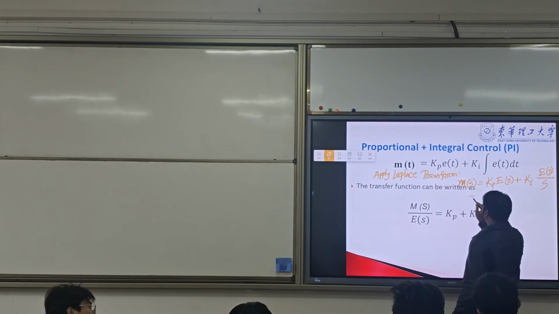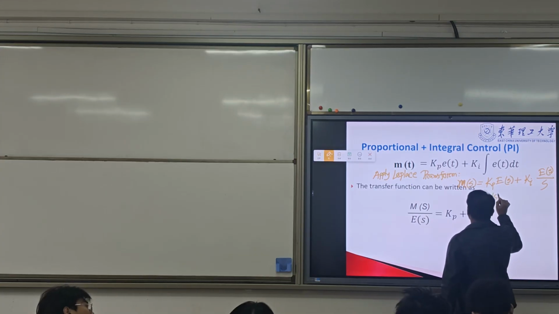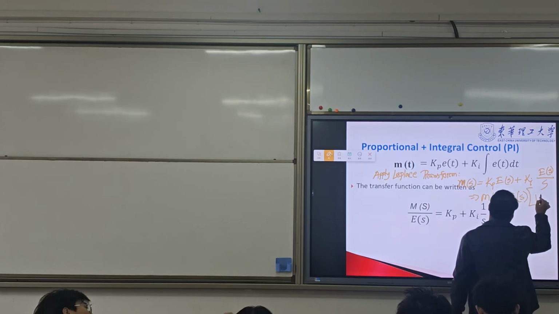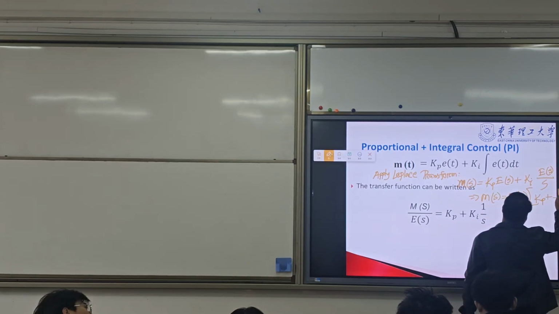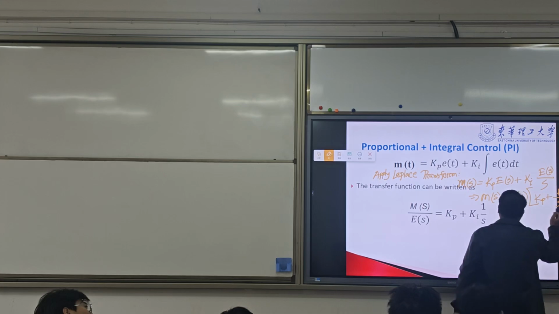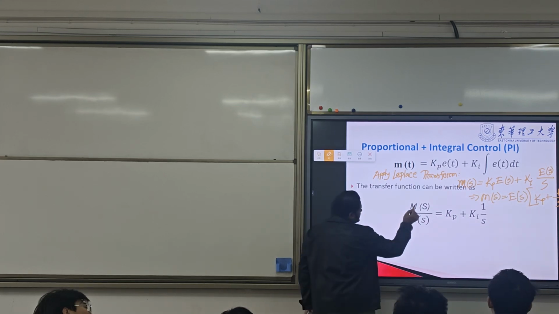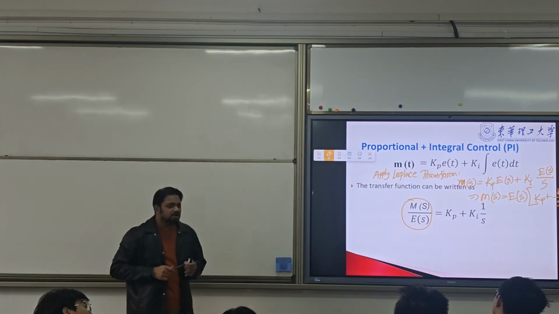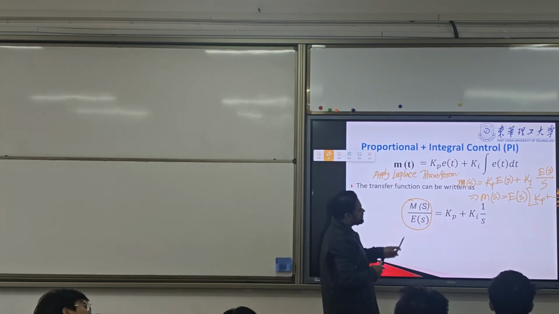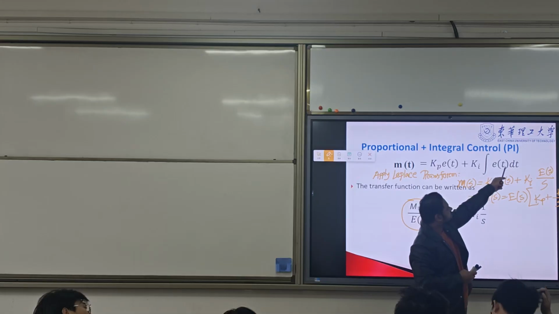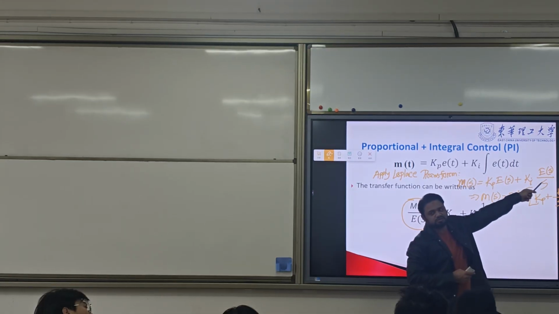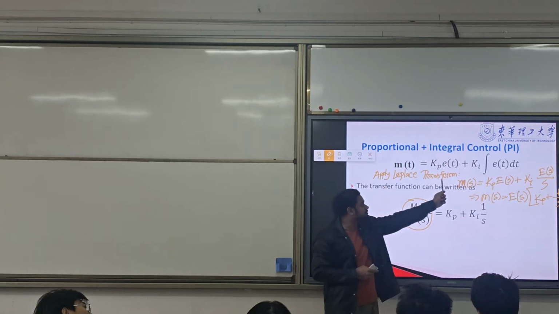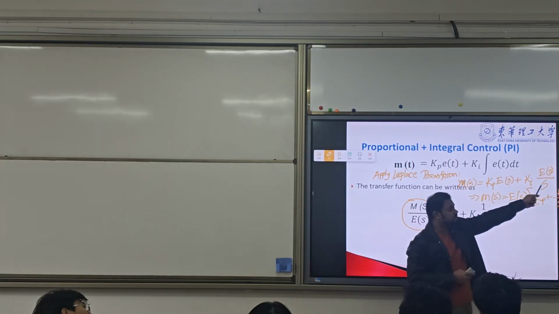So M(s) will be equal to E(s) times (Kp plus Ki by s). So you will get a transfer function M(s) by E(s). Know that the integration of E(t) dt gives 1 by s in the Laplace domain.